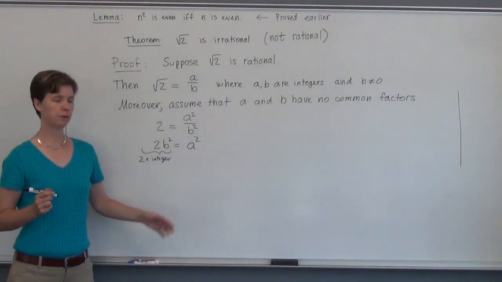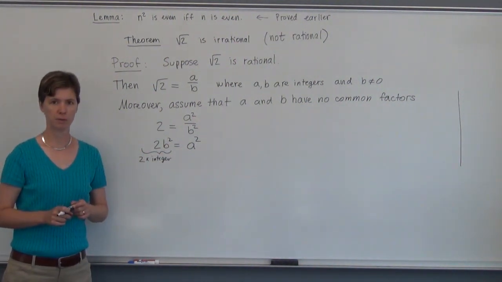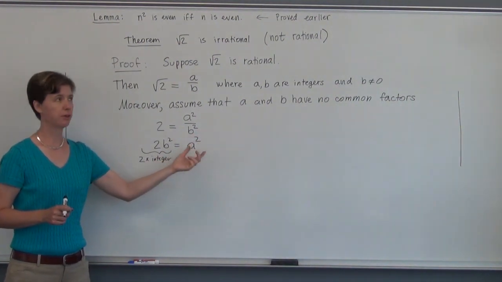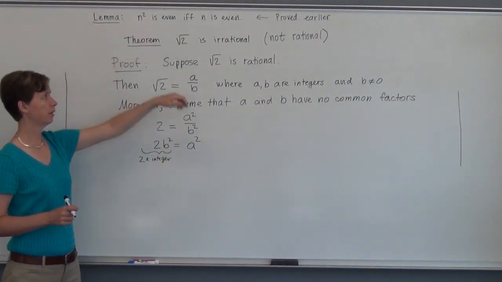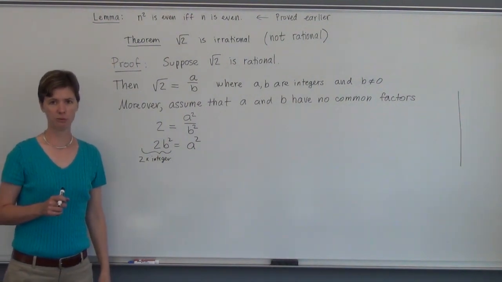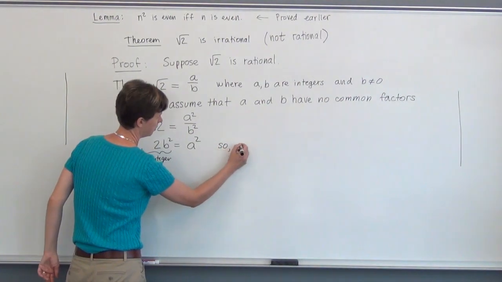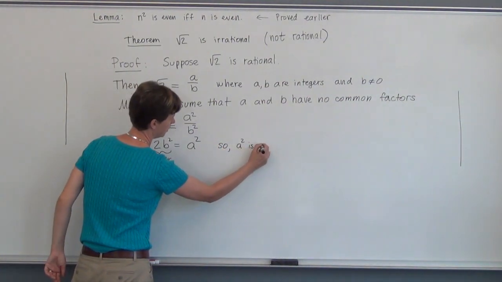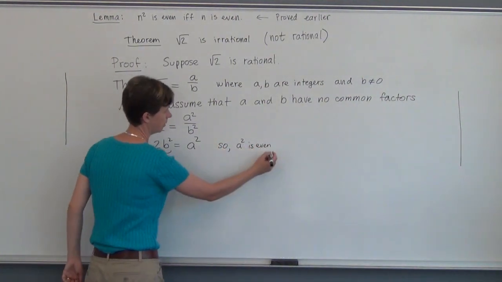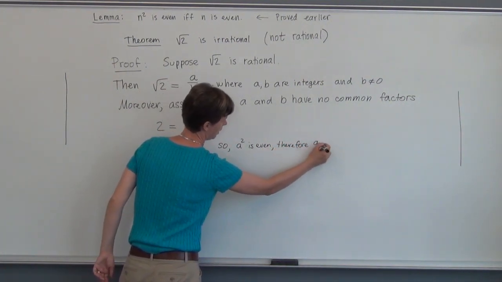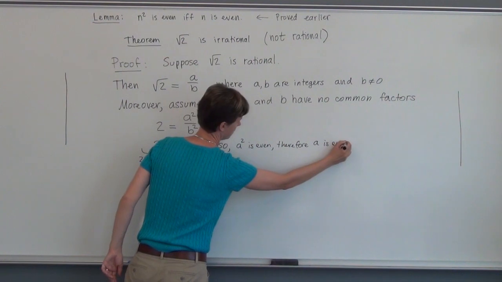So what can we conclude about a? We conclude that a squared is even, and therefore by the lemma, a itself would have to be even. So a squared is even. Therefore, a is even.